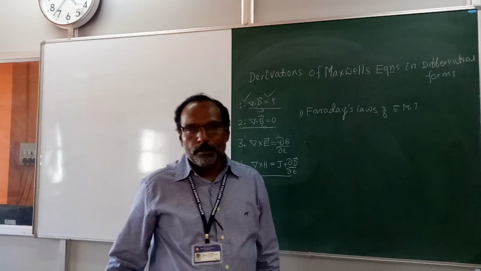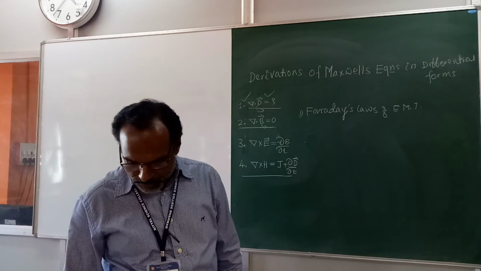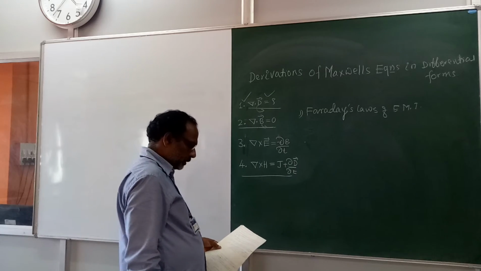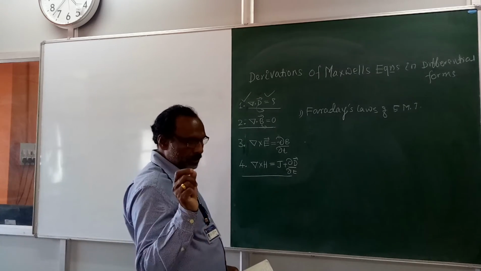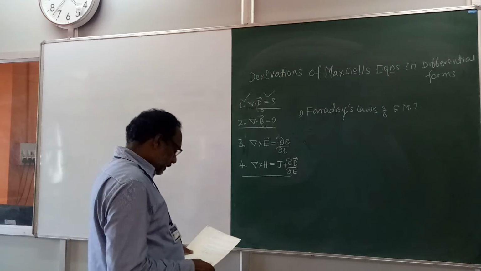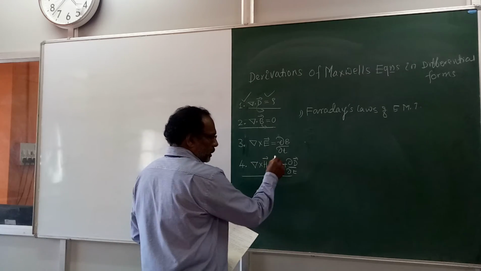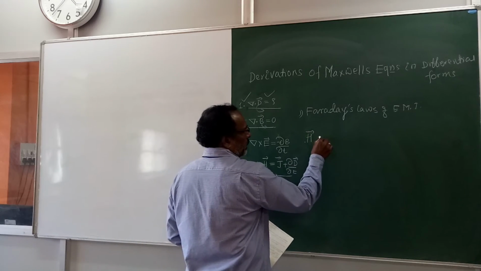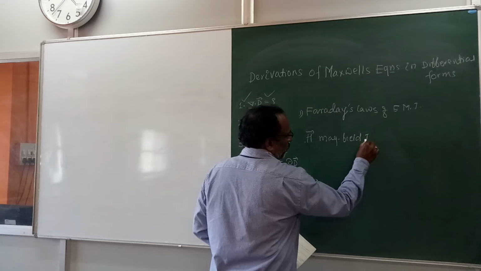We have studied Ampere's circuital law in third semester, and we have applied that Ampere circuital law for the magnetic field accompanying electric current. Here H is the magnetic field intensity.